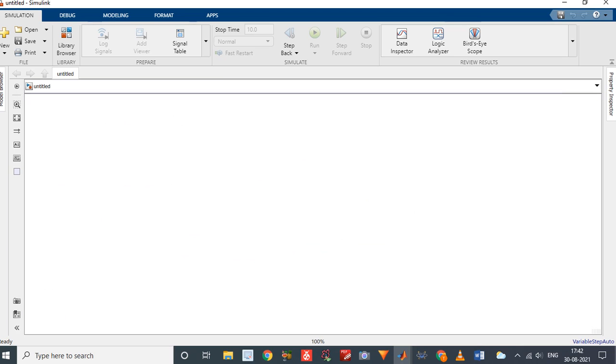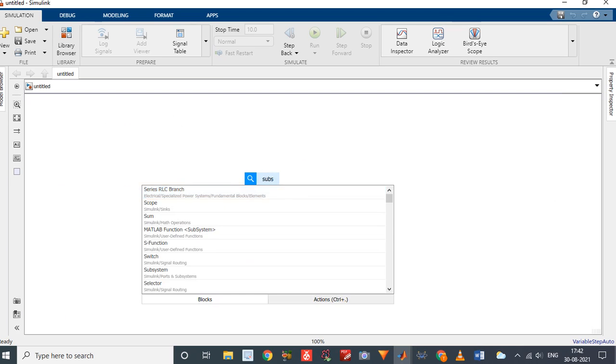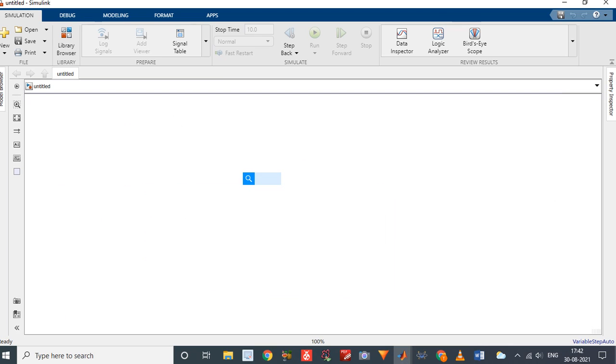First of all, I'm going to use a subsystem. Here the 2-port subsystem will be there. Double click on it.